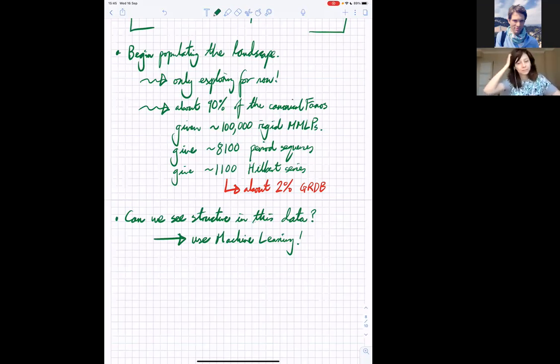There's limitations about the sort of data you can feed in, obviously, and there's limitations about the sort of things you can expect to come out. But period sequences are perfect for machine learning because period sequences are just sequences of numbers, and that's exactly the sort of thing that machine learning has been designed to look at. So for now, we're just exploring, playing a game.